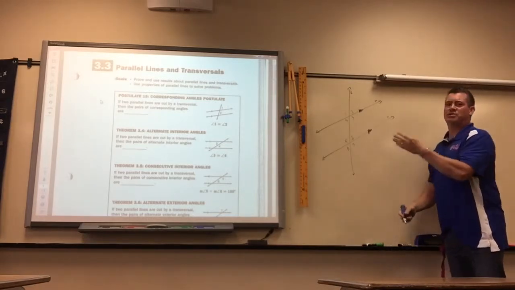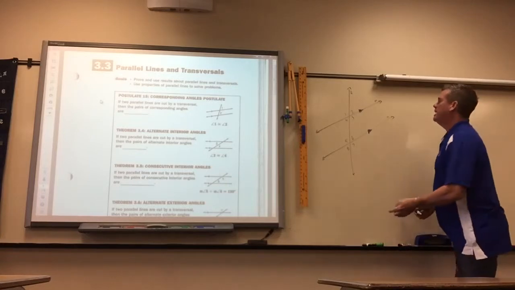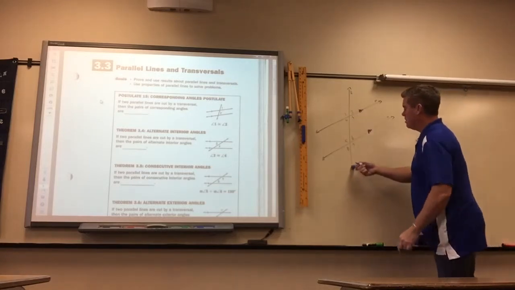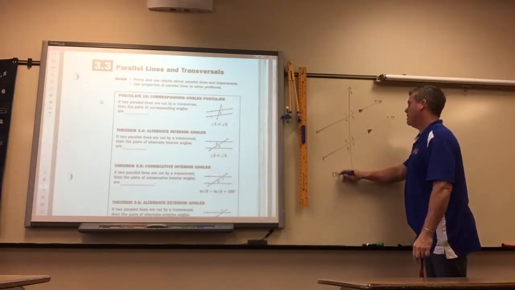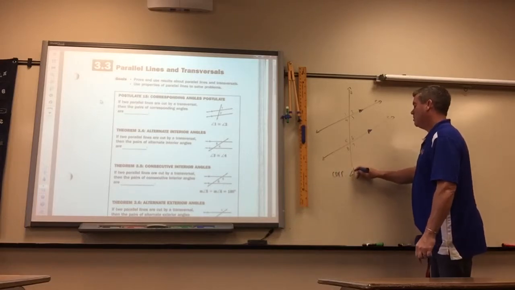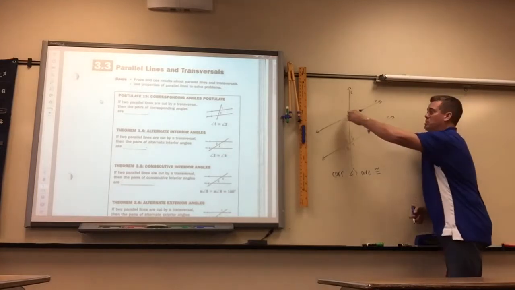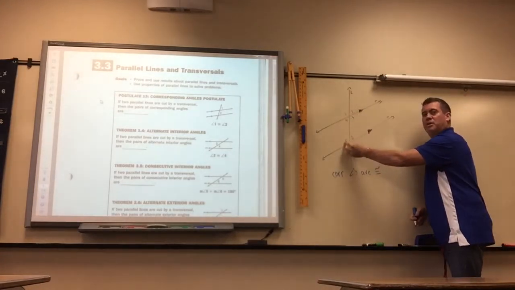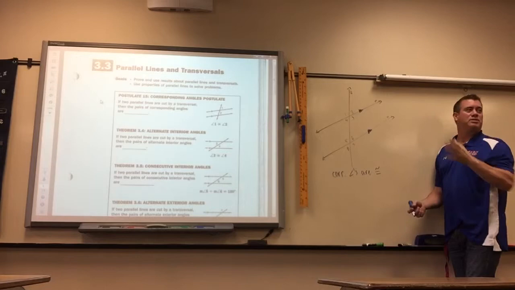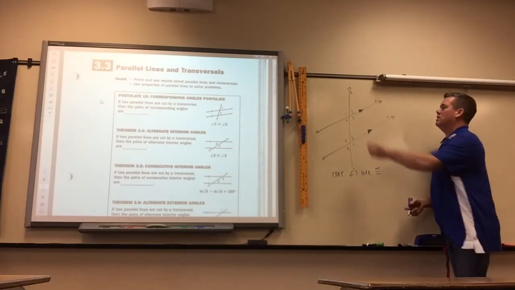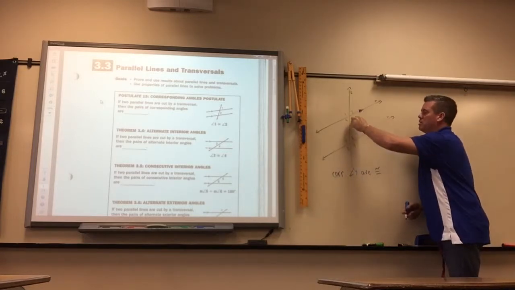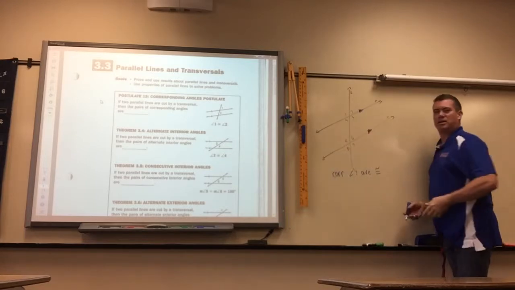All this section now tells us, which I've already told you, is when you have this, all of the corresponding angles are congruent, which means 1 and 5 will be equal to each other if the lines are parallel, which they will be. 2 and 6 will be congruent, 3 and 7, and 4 and 8 are congruent.